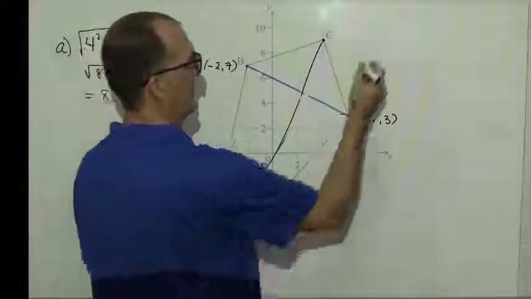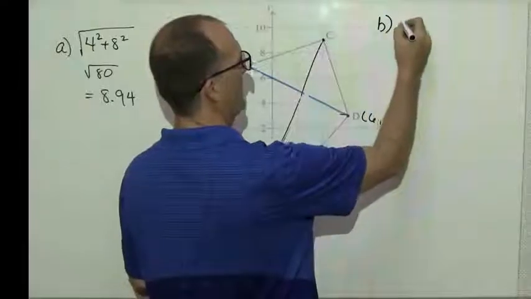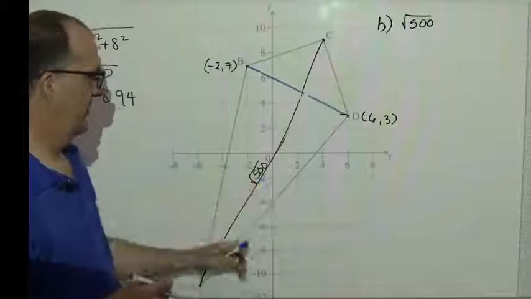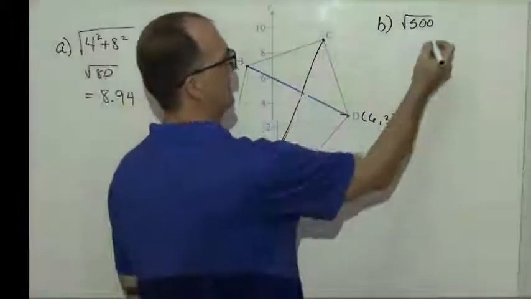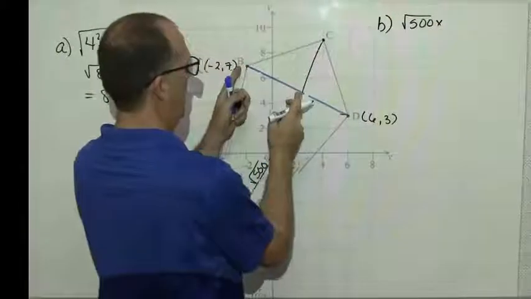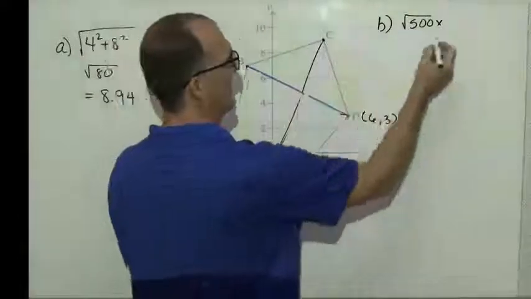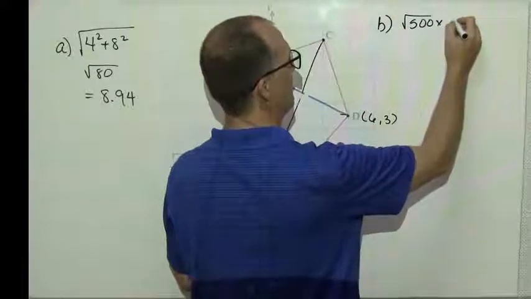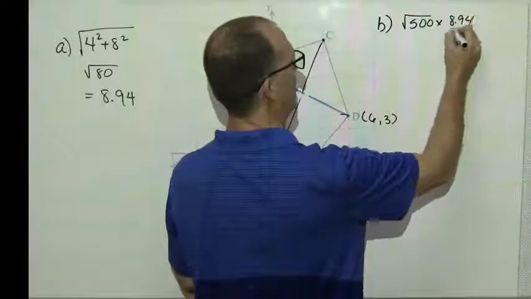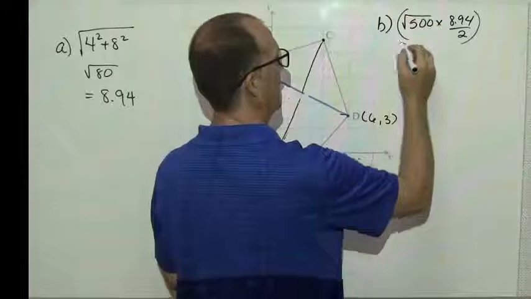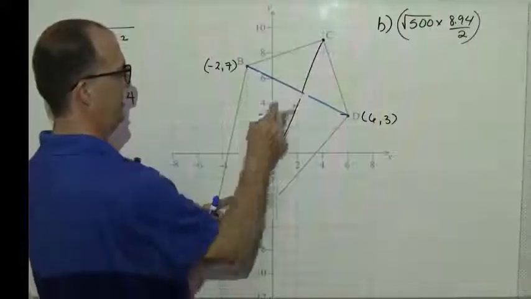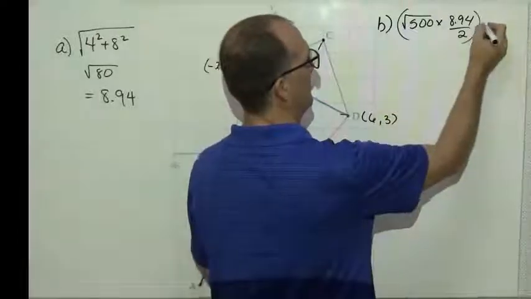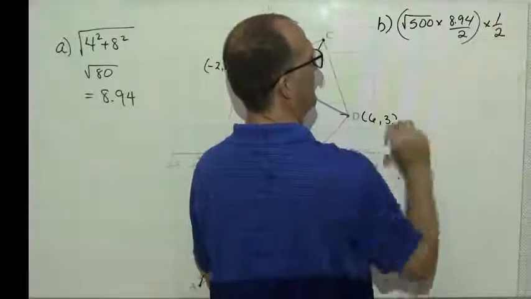And so what I have is the base, the length, square root of 500, times half of this length, which I'm really going to say is 8.94 divided by 2. And so it's base times height divided by 2, or I'll take 1/2 of that.